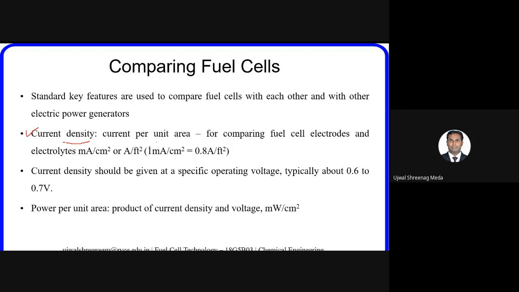In some cases, they speak about the unit area of the electrolyte as well, when it is a membrane or a solid electrolyte. Until and unless they specify whether it is electrode or electrolyte, it is always assumed as the electrode. That means if they just say current density, it is always the current per unit area of the electrode.